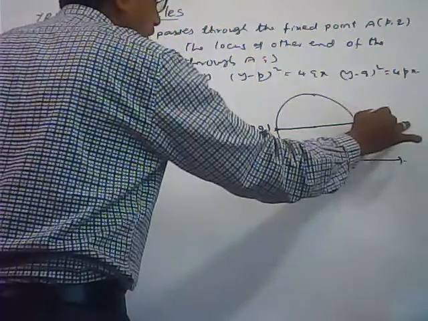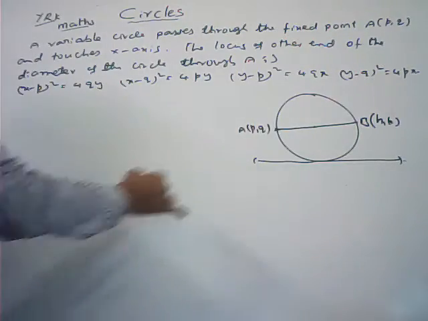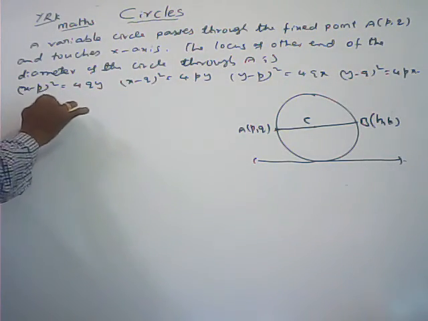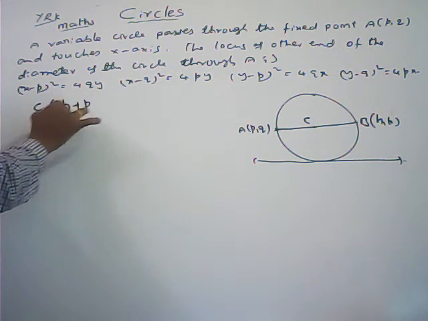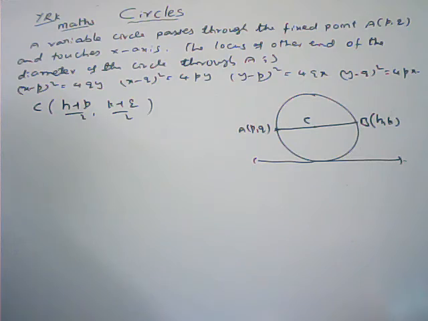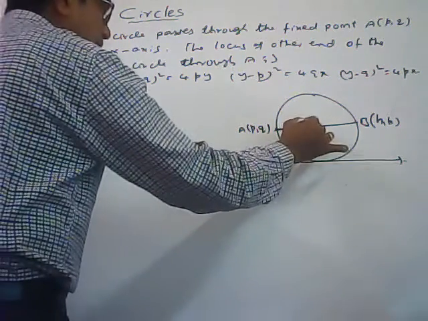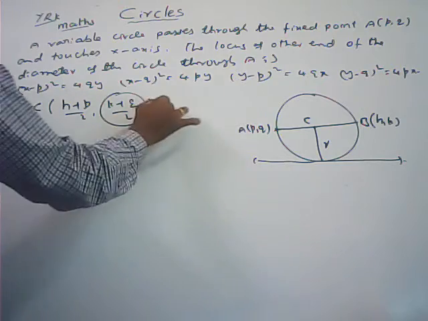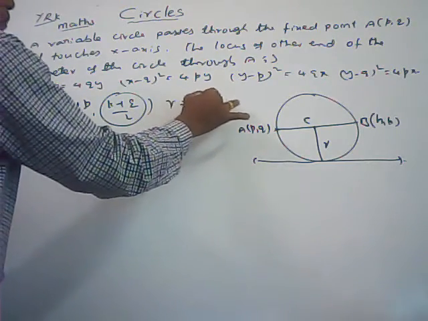So here I am taking the other end as (h, k). Then what about the center? The center C is ((h + p)/2, (k + q)/2). If the circle touches the x-axis, what about the radius? Radius equals the modulus of the y-coordinate, so the radius is (k + q)/2.